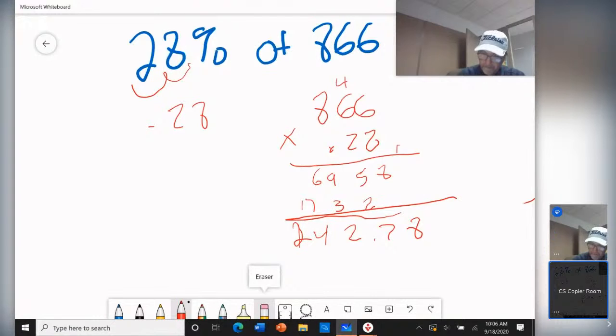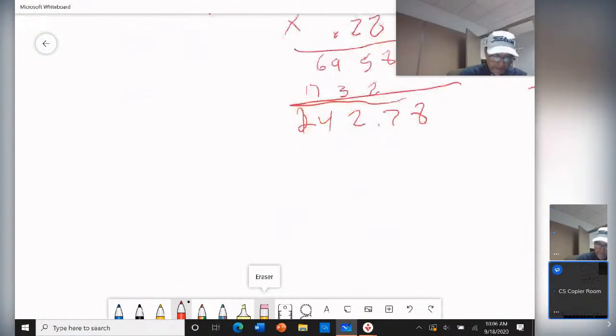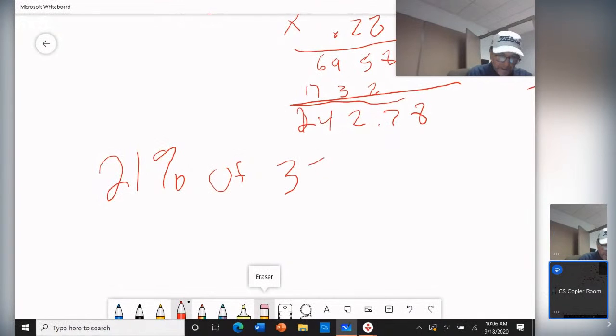Okay. The last one, if we did 21% of 358. Okay, so this one, 20% is about a fifth. So we're looking at somewhere between probably a fifth of that is about 60, right around there.